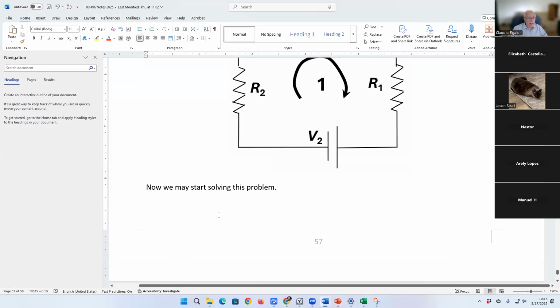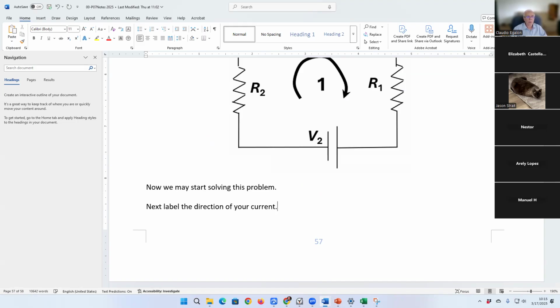In this case, I'm making the current flow in the same direction as the loop. Next, label the direction of your current. In this case, I decided to put the current in the same direction as the loop, in the clockwise direction.